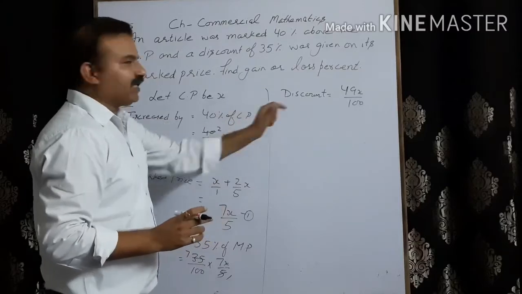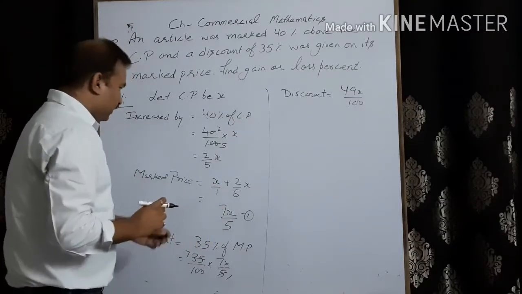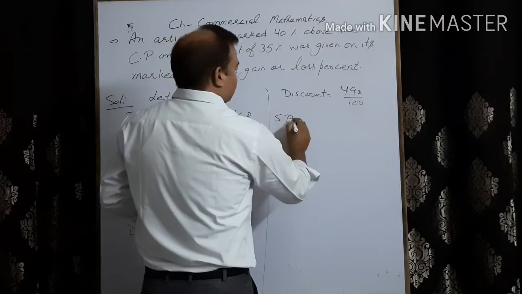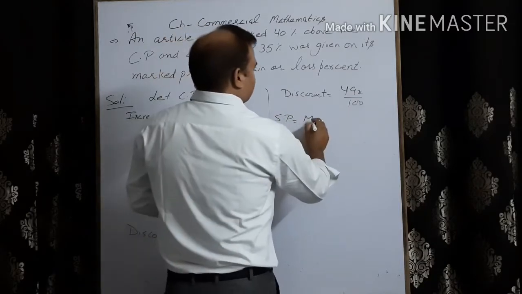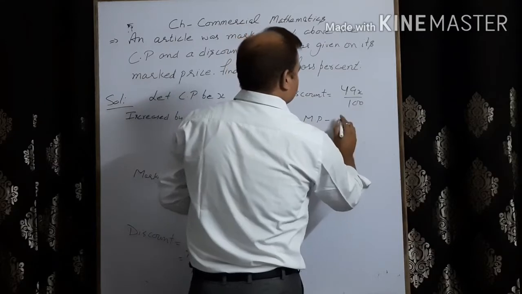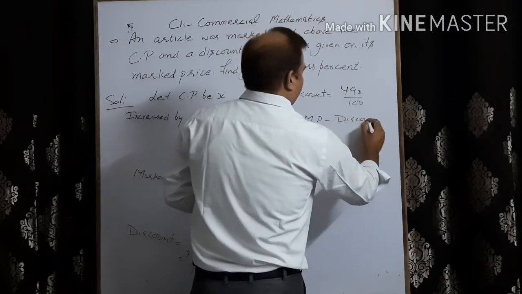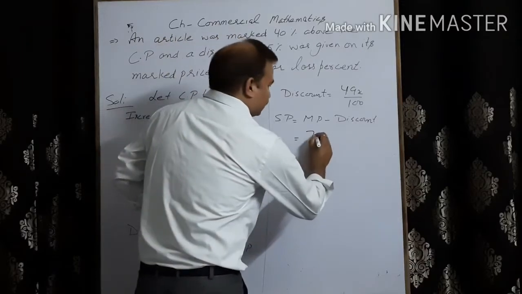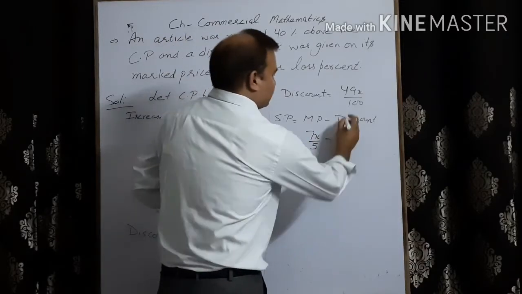Now after giving a discount, what will be the price? So the selling price is the mark price minus the discount. Now what is the mark price? Mark price is 7x by 5 minus the discount. What is the discount?